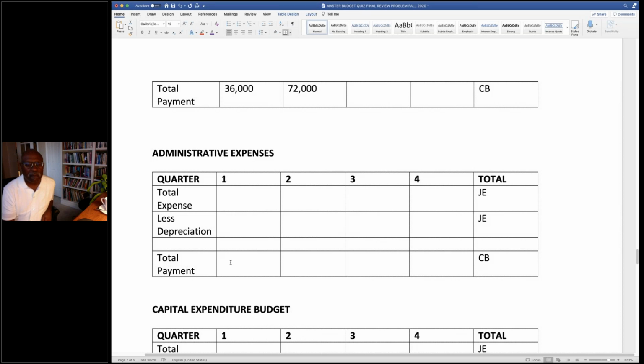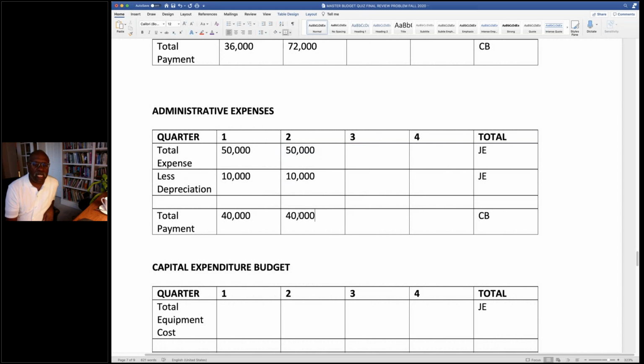That's the payment. I second that. For the total payment. So what's the total expense? 200,000. Oh, I'm sorry, no, 50,000 for the quarter. Depreciation, 10,000. Then we can just copy, paste it over here. We're done. You're doing 4 quarters, you just do that 4 times.